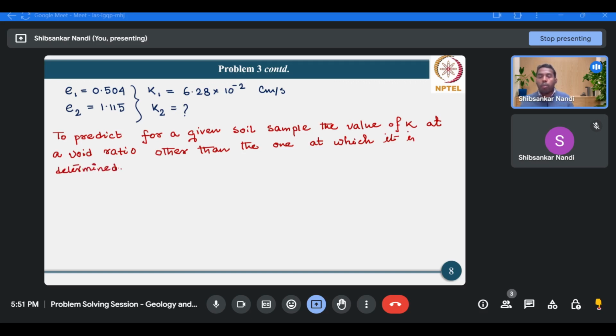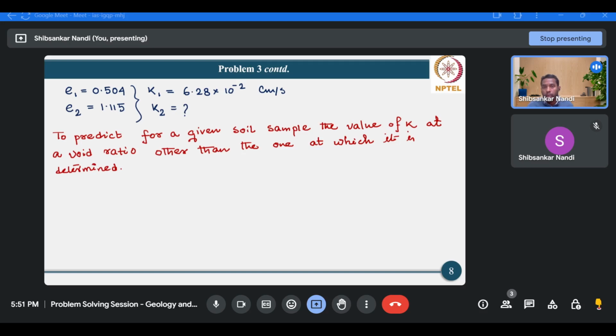So the same problem we are facing here. We are trying to predict the value of K for a given soil sample at a void ratio which is different from the one at which the K value was measured.